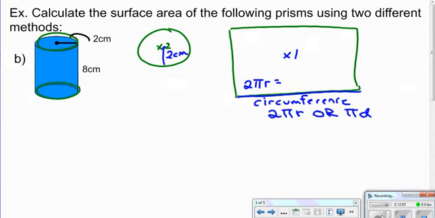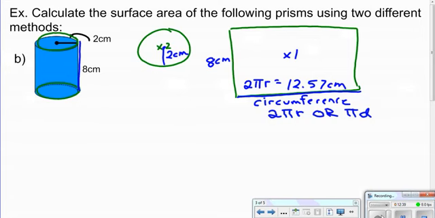Since pi is not a rational number, it is a non-repeating, non-terminating decimal, we end up getting our answer for the length of the rectangle to be an irrational number as well. So we're going to round it to 2 decimal places, and so we get 12.57 centimeters. And the other length is actually the height of the cylinder. So 8 centimeters is the height of this rectangle.